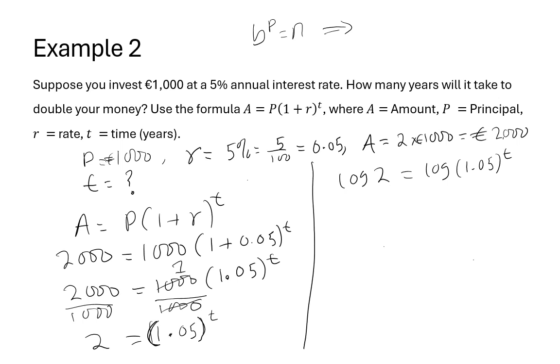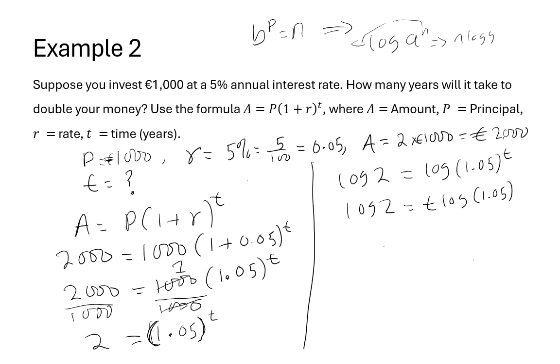And let's remember the formula that whenever you have log of a raised to the power n, this is equal to n log a. You can just take this n to the front. So we'll take this t to the front, and we'll have log 2 is equal to t log 1.05.